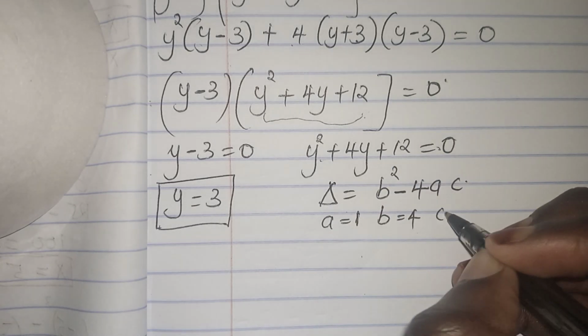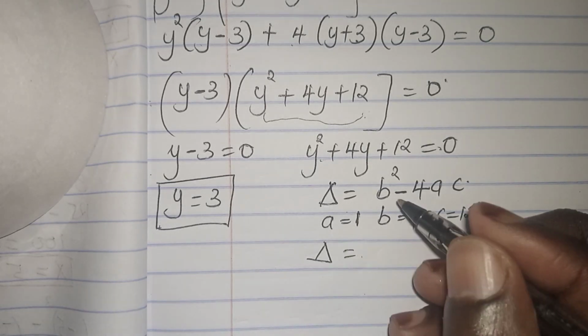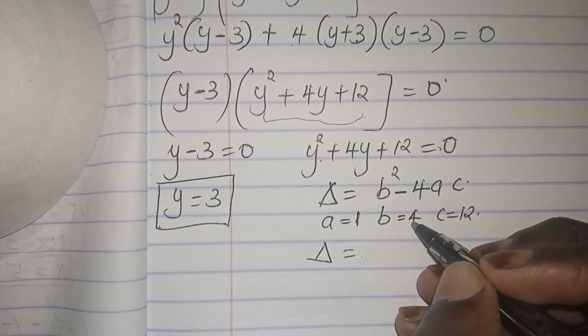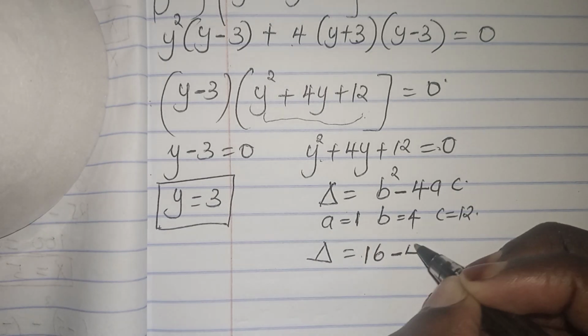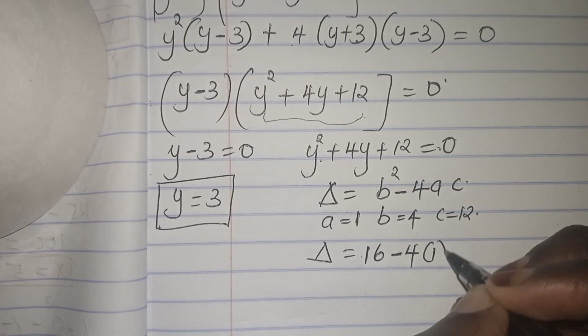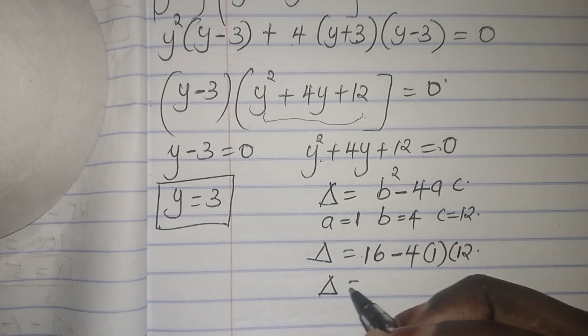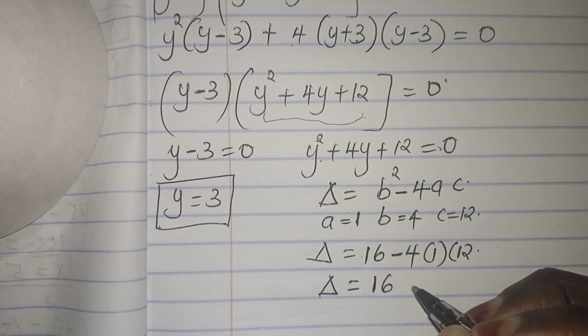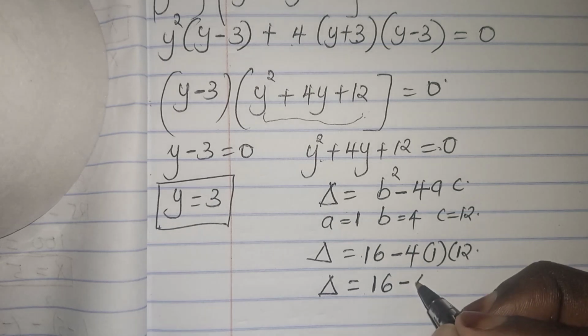Our c is this constant here, which is 12. So delta is equal to b^2, which is 4^2, which is 16, minus 4 times a, which is 1, times our c here, which is 12. Delta is equal to 16 minus 4 times 12, which is 48.